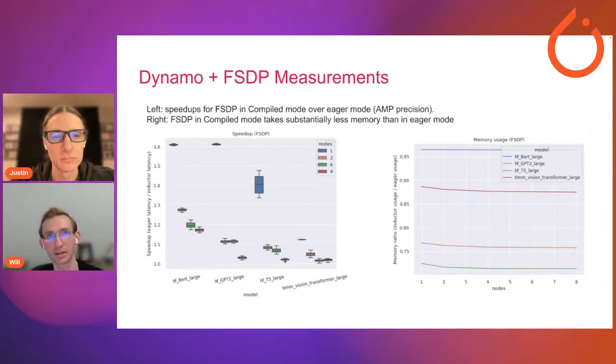The reason for that is that PyTorch 2 with AOT AutoGrad uses a minimum cut partition algorithm to choose to sometimes recompute gradients or activations during backwards instead of saving them. So it's a form of gradient checkpointing, but it's an automatic one that's part of PyTorch 2.